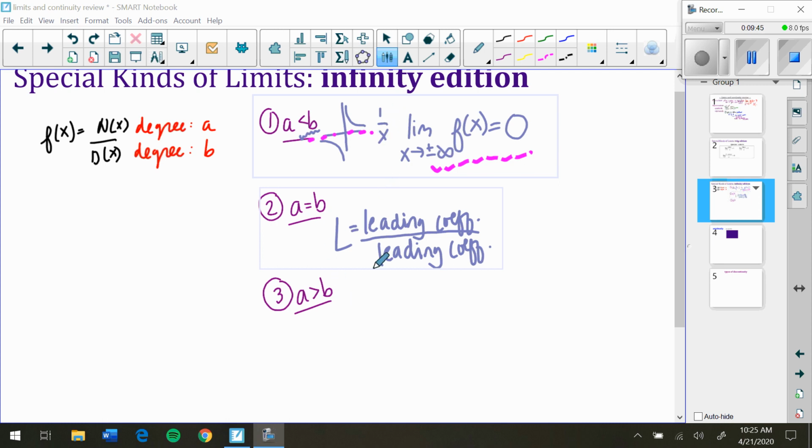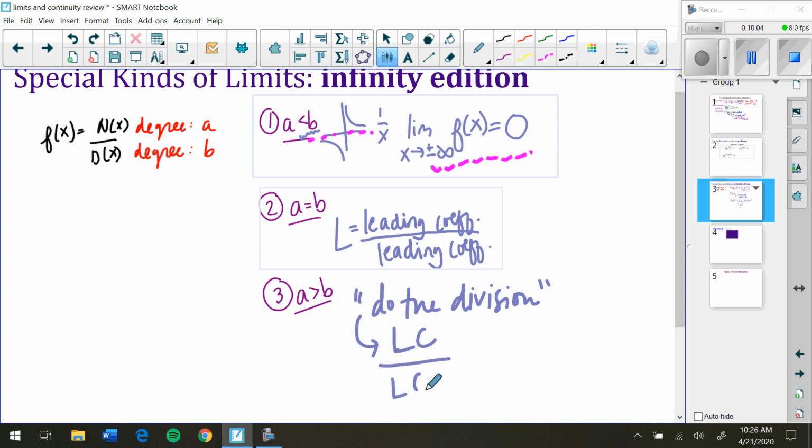In this case, to find your limit, you are going to quote-unquote do the division. Now, you don't actually have to do any division, but what I mean by that is you're going to take the leading coefficient, the entire thing, of the numerator and divide it by the leading coefficient of the denominator.